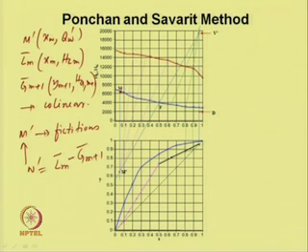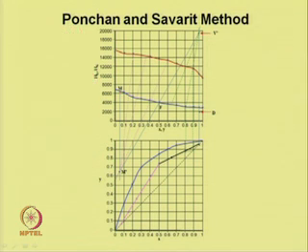Let us see how to proceed for the graphical construction of the Ponchon and Savarit method. In the enriching section, we know the point V dash and we know the point distillate, and we draw a line originating from this point with a different slope above the feed plate.